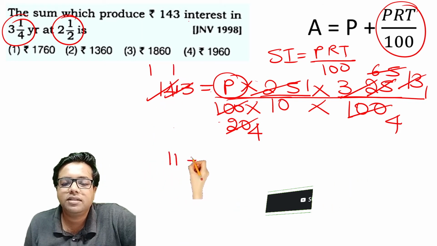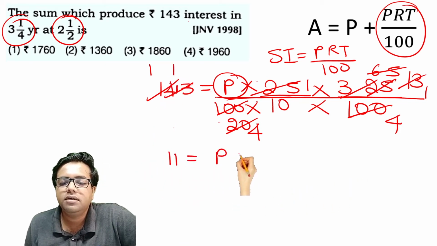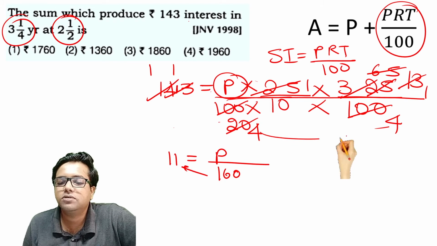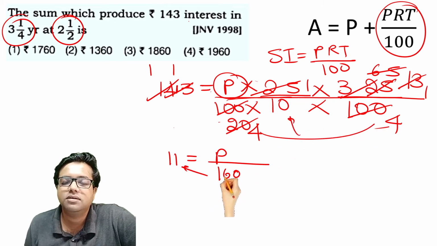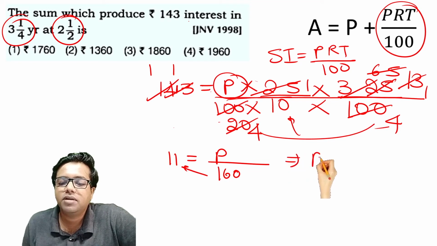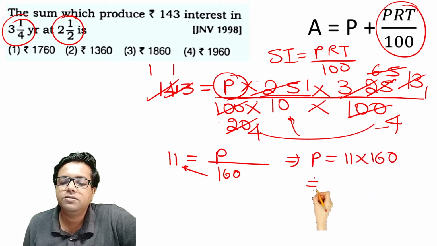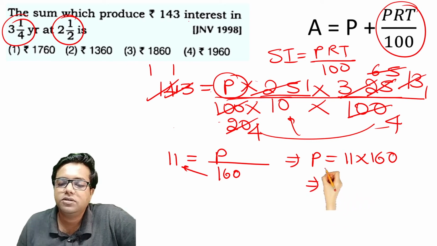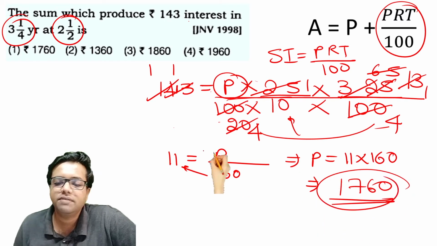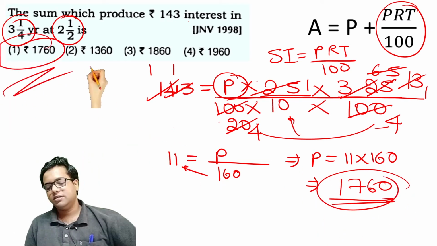So you are left with 11 is equal to P by 160. So 4 4s are 16, 16 into 10 is 160. Okay, so what will we get? This implies P is equal to 11 into 160, which will give you 1760. 1760 is the right answer for this question.